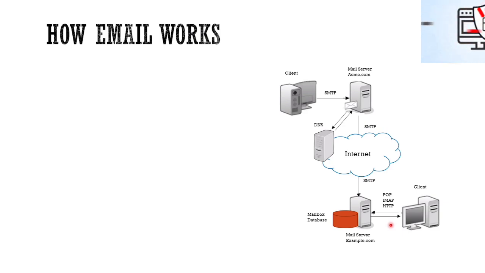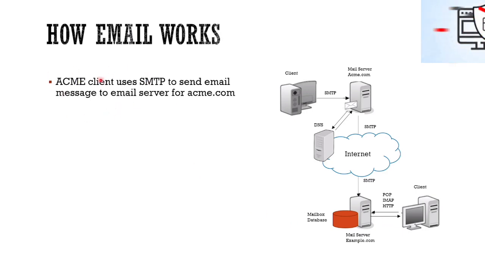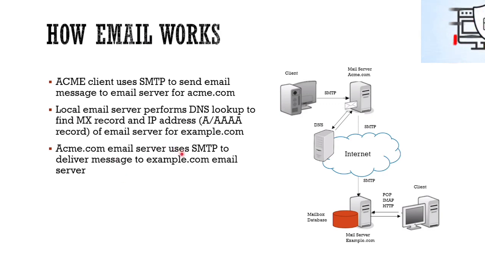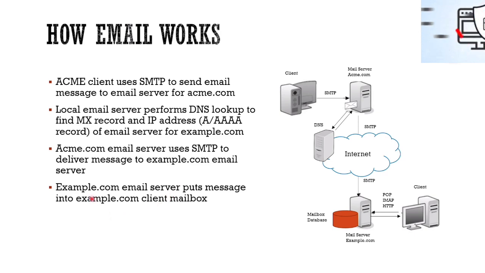The Acme client uses SMTP to send email to its own email server at acme.com. That email server does a DNS lookup to get the MX record and the IP address for the destination. Then it uses SMTP to send the message to the email server on the other end, which then puts it into the user's mailbox until the client decides to go and pick it up.